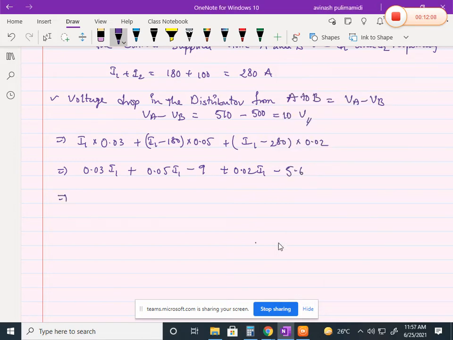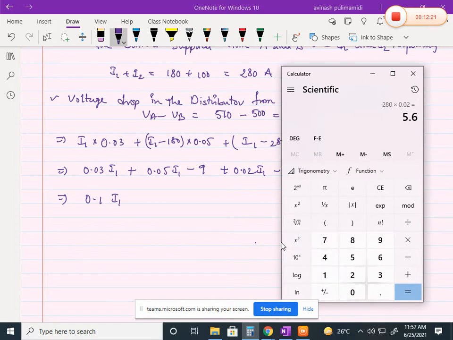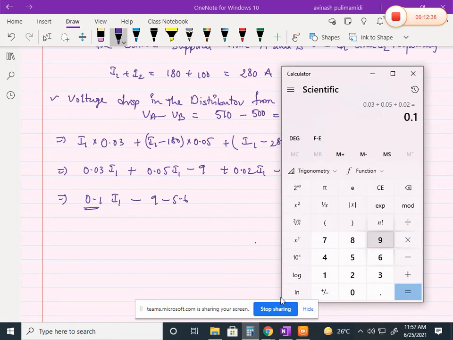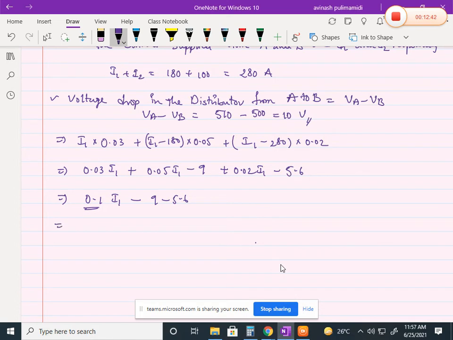5.6. Now you add all these: 0.03, 0.05 and 0.02. What is the value you get here? 0.1 I1. If you want, I will do it: 0.03 plus 0.05 plus 0.02 is 0.1. So 0.1 I1 minus 9 minus 5.6, that is minus 14.6. 0.1 I1 minus 14.6.